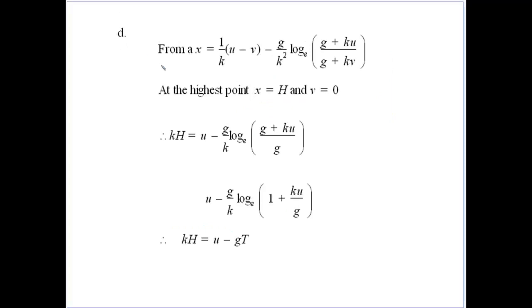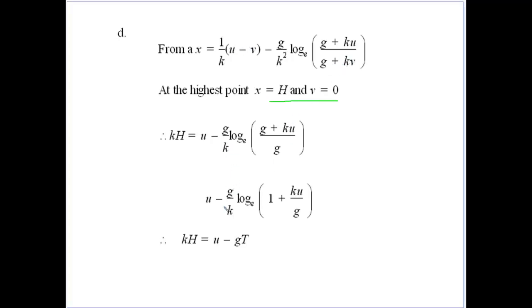And in part D, we want the greatest height reached by that particle. Well, we know those conditions. If it's going to be the greatest height, it's going to be some point h. Again, we know velocity is 0. So from part A, we had this expression. And so we get the velocity being 0, so we do the substitution. We can multiply through by k again to clean it up. But that part becomes 0. Again, that part becomes 0.